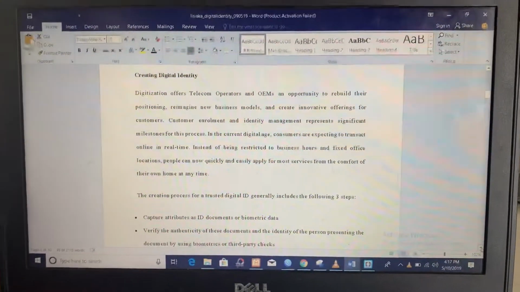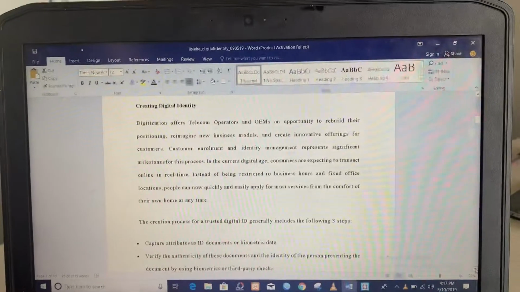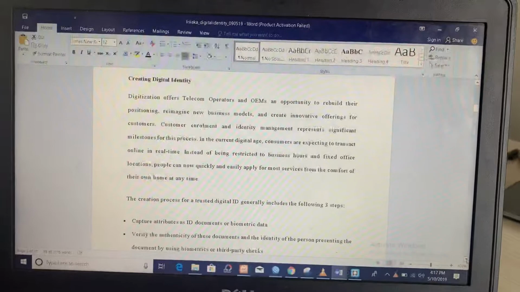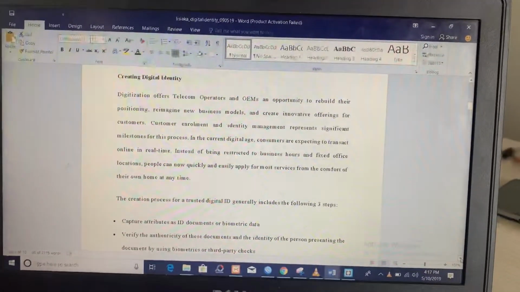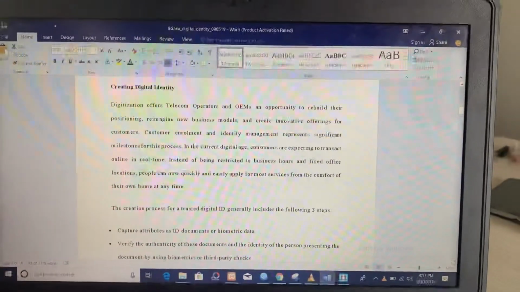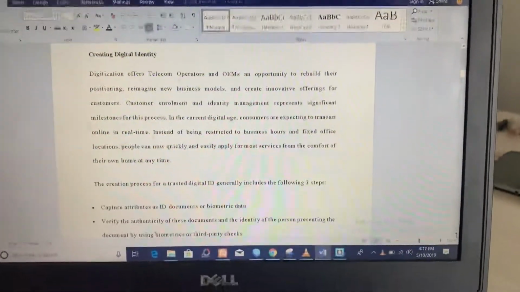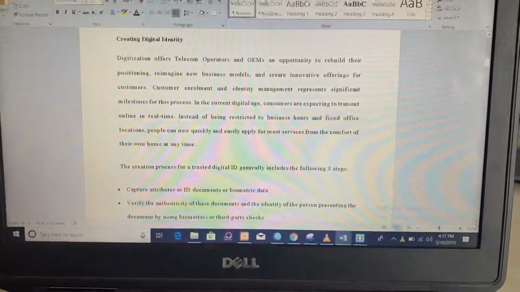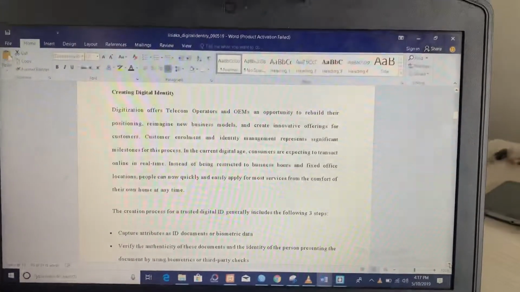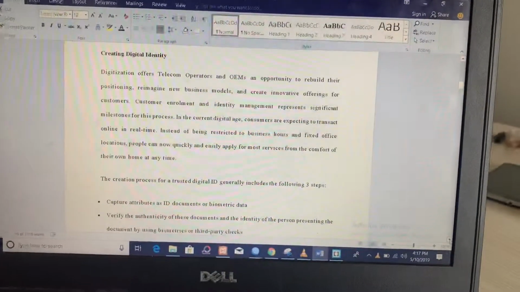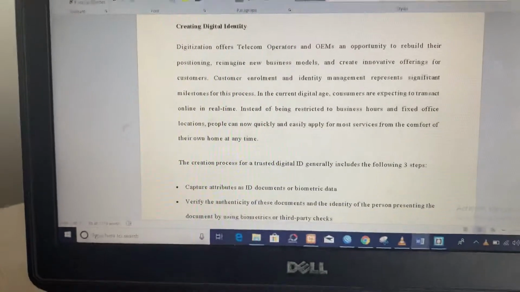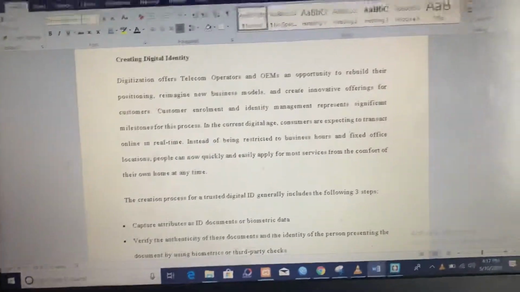Another means is using fingerprint authentication, making sure the data from the user authentication matches what is on the database. And we also have facial recognition. All this makes sure telecom operators and other businesses give their customers the best experience.